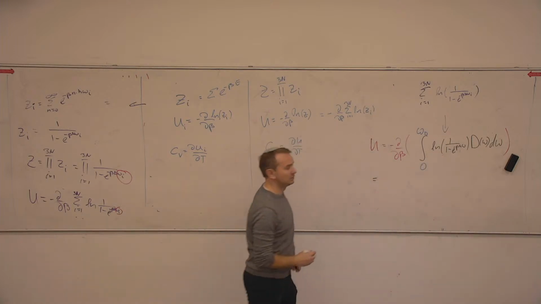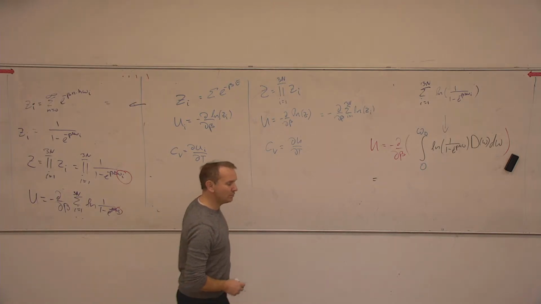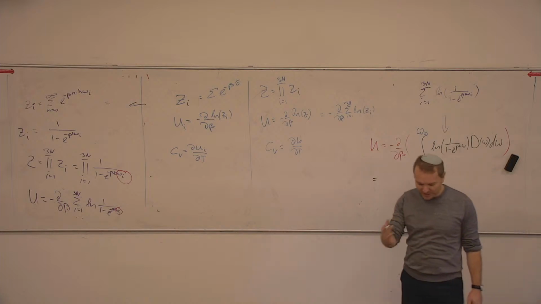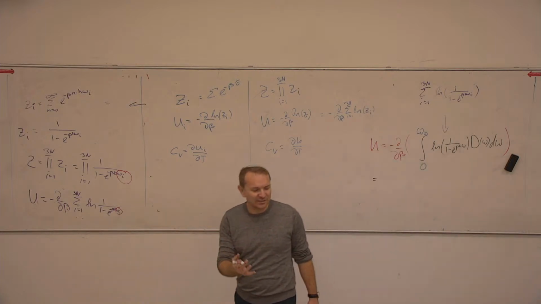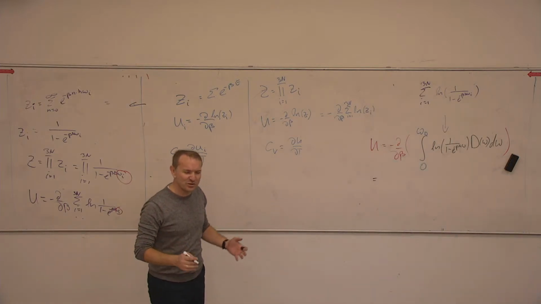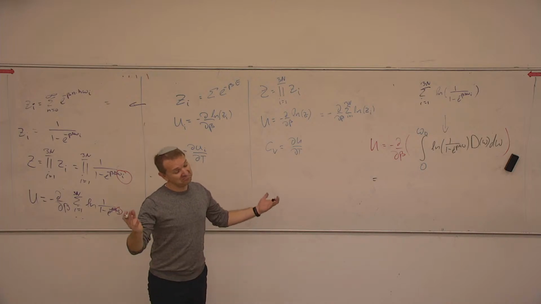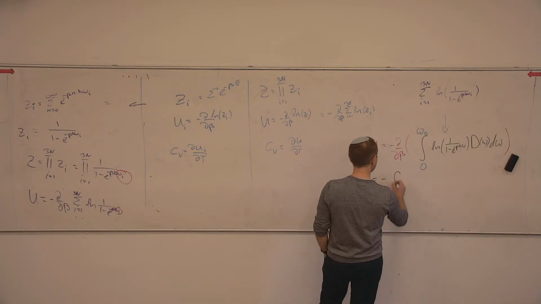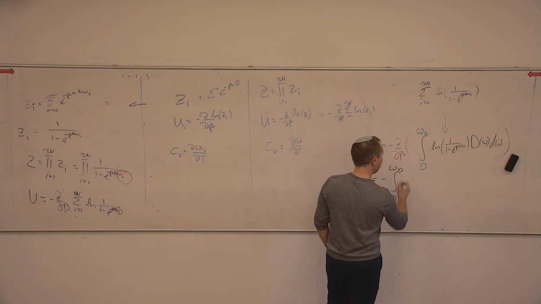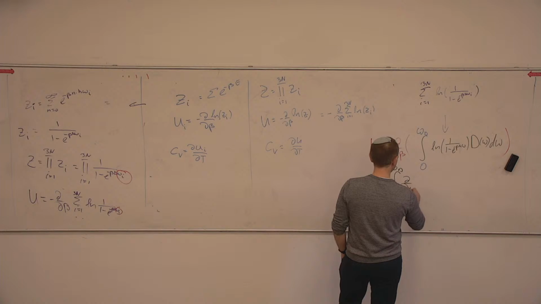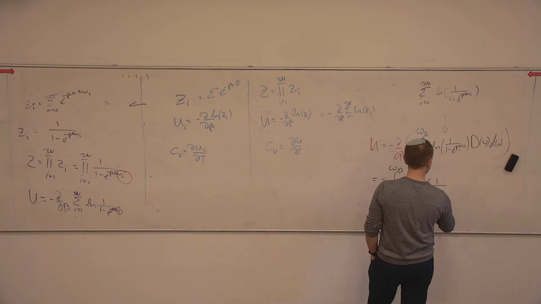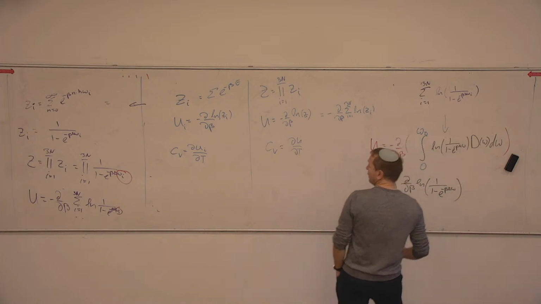Omega Debye does not depend on beta? No? Okay. Right? So how would it depend on beta? We obtain omega Debye from elastic theory. Elastic theory couldn't care less about the temperature of the system. Okay. So what we have is just minus the integral from 0 to omega Debye of d/d beta of log of 1 over 1 minus e to the power minus beta h bar omega.